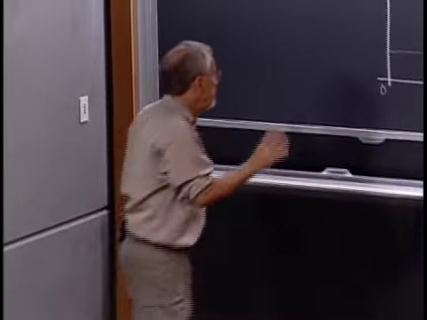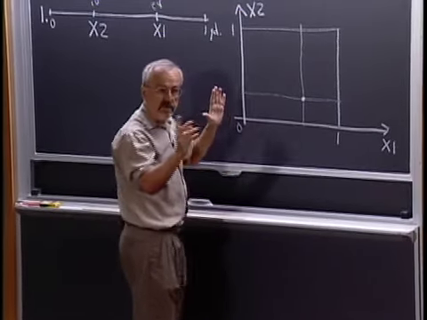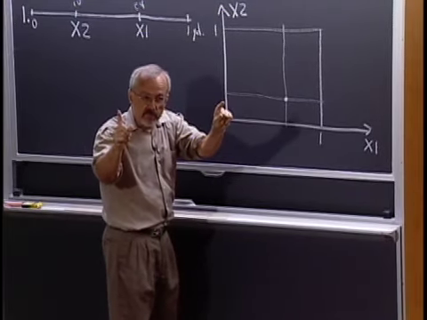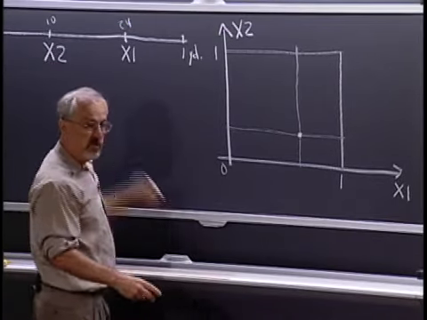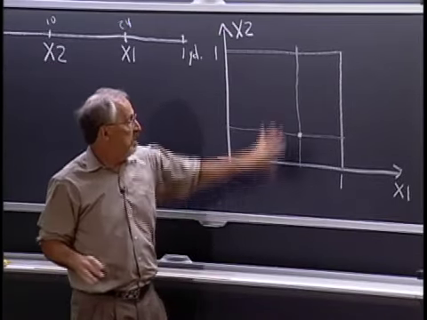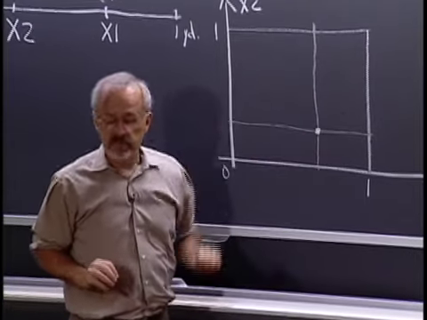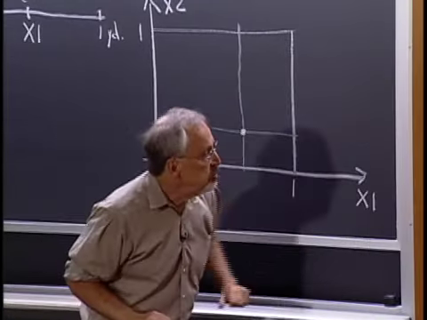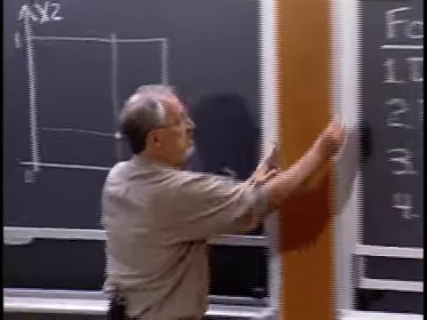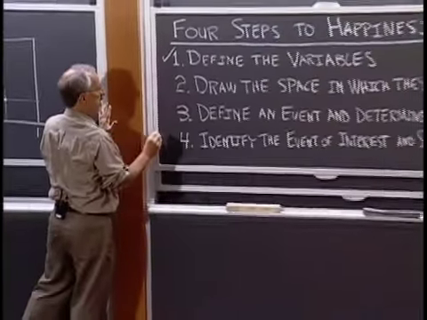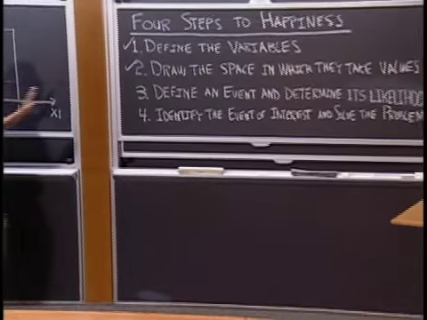So any particular time we run this experiment, the outcome of the experiment is shown by a numerical value for x1, a numerical value for x2. Both are between 0 and 1, so they're characterized by a point in this space. So we have now drawn the space in which x1 and x2 take on values. So we have done step 1. We have done step 2.